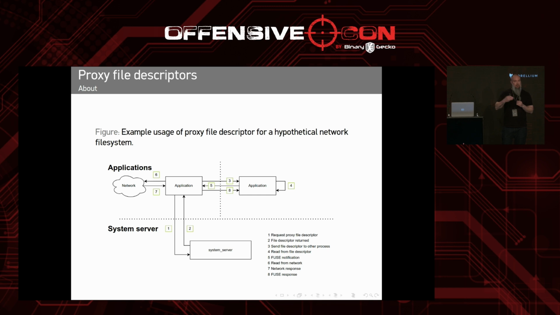Now, this file descriptor can be passed over to another application, the consumer. When the consumer performs a read operation on this file descriptor, the producer is notified by the kernel, and let's say it communicates with the network to receive some network resource, some file, and when the response comes, the data is sent back to the consumer.